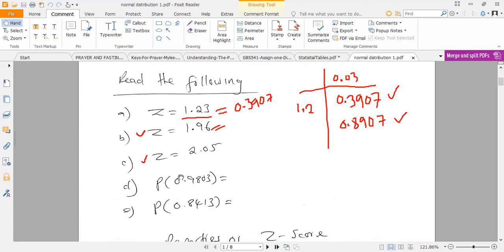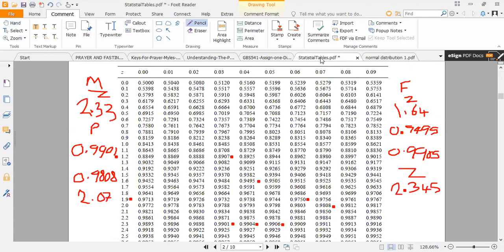Then if you're given the probability, you go from inside the table. Let's try this one here. What is 0.8413? Read from inside the table. What is the reading for that quickly? 1.00.